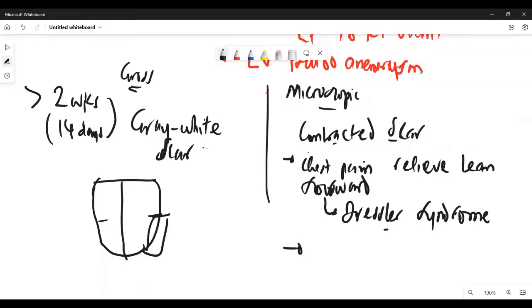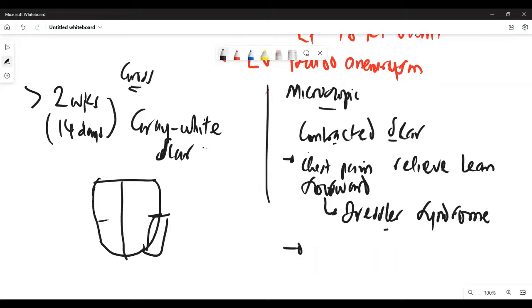So each time somebody has a heart attack, they are losing their healthy muscle. They are losing those cardiac muscle. As a result of that, it's going to get to a point whereby those fibrous tissue, those collagen, they cannot contract like a real cardiac muscle, right?